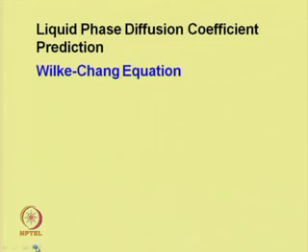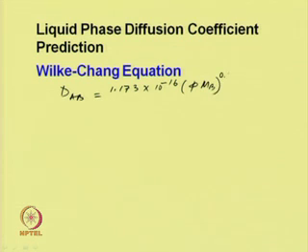There are some empirical correlations available to determine the liquid phase diffusivity, and one of the simplest correlations is known as the Wilke-Chang equation, and it gives DAB is equal to 1.173 into 10 to the power minus 16 into phi Mb to the power 0.5 into T divided by mu b Va to the power 0.6, in meter square per second.